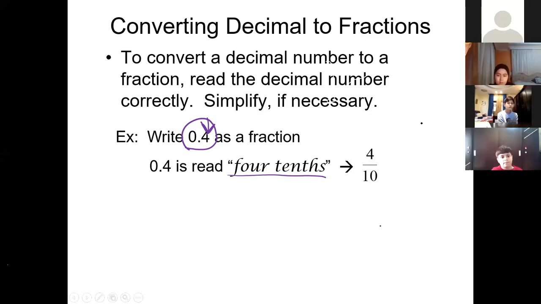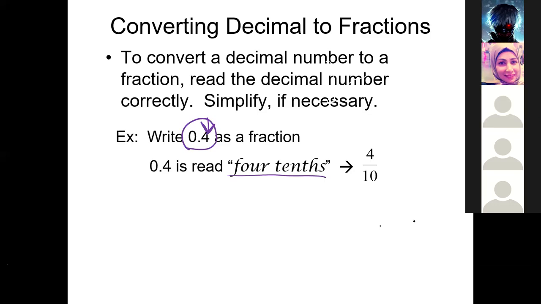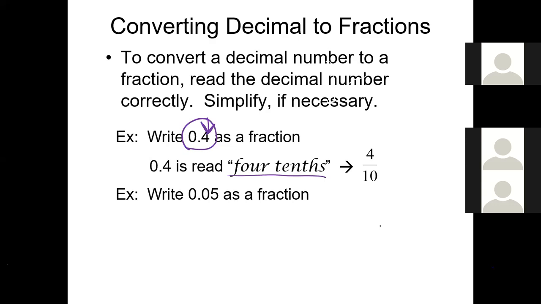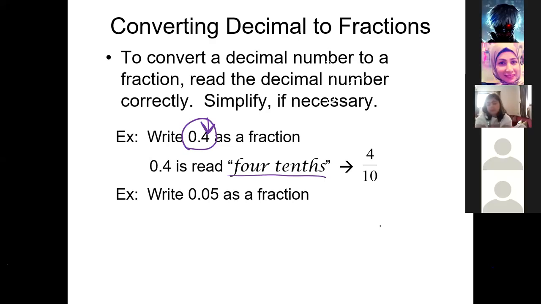Yes, Joud Odeh. Let's go, Joud. 0.05. How do we write it as a fraction, Joud? 5 over 10. No. Joud, first write this number in letters.